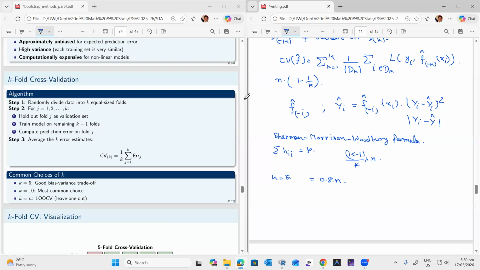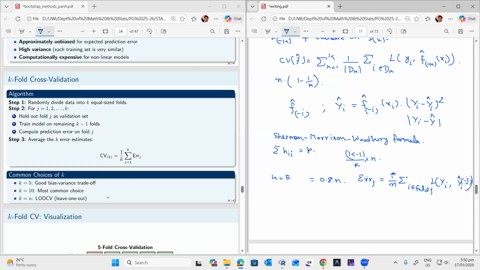The formula is CV_k equals 1 upon k, summation of j from 1 to k, of Error_j, where Error_j is defined as 1 upon n_j, summation over i that belongs to fold j, of the loss function L(y_i, y_i cap minus j), where n_j is the size of fold j. Corresponding to that, we compute the cross validation.